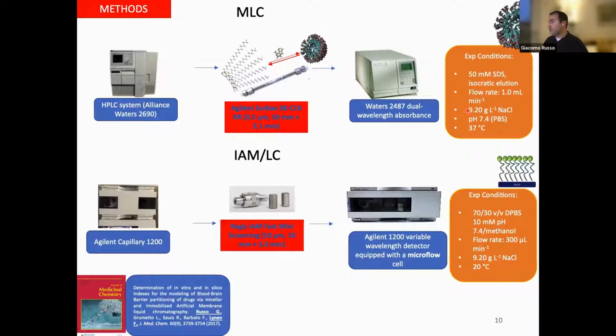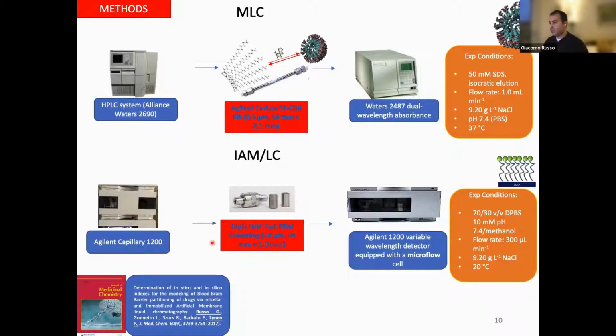We tried as well to apply isosmotic conditions that could mirror quite faithfully the conditions of the physiological environment, so 9.20 grams per liter of sodium chloride, pH 7.4. For the IAM, again, we used a really short format.